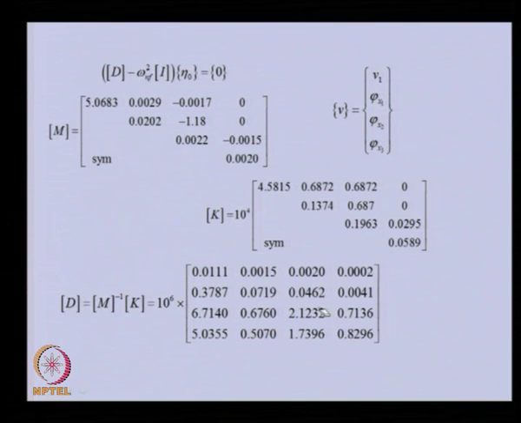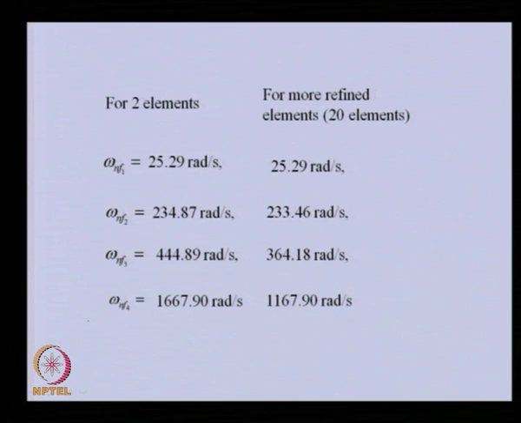Square root of the eigenvalue will give us the natural frequency. In this particular case, because we illustrated with 2 elements, if we calculate the natural frequency, we will get these 4 natural frequencies.